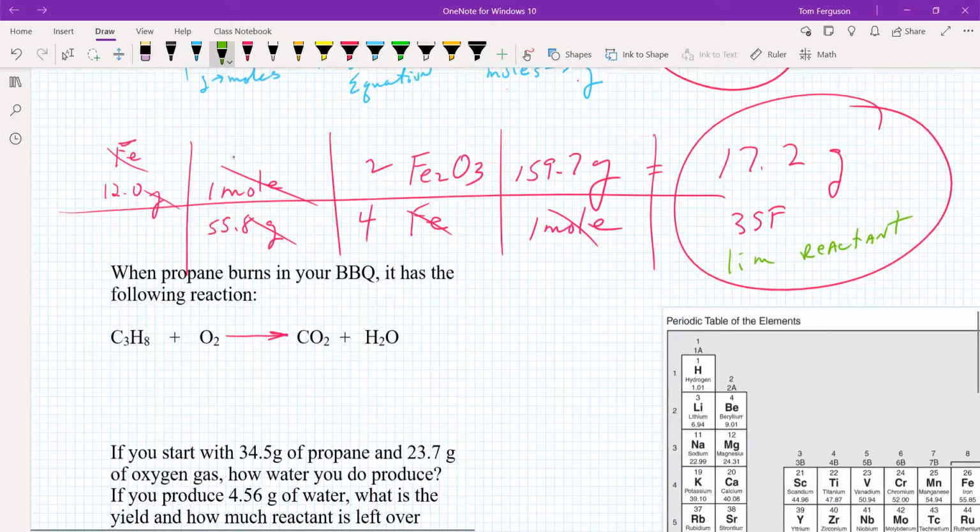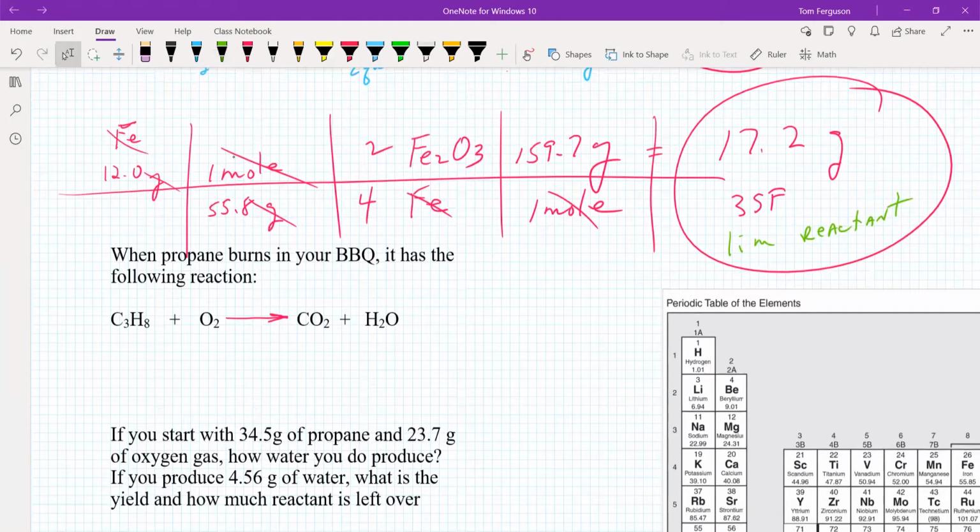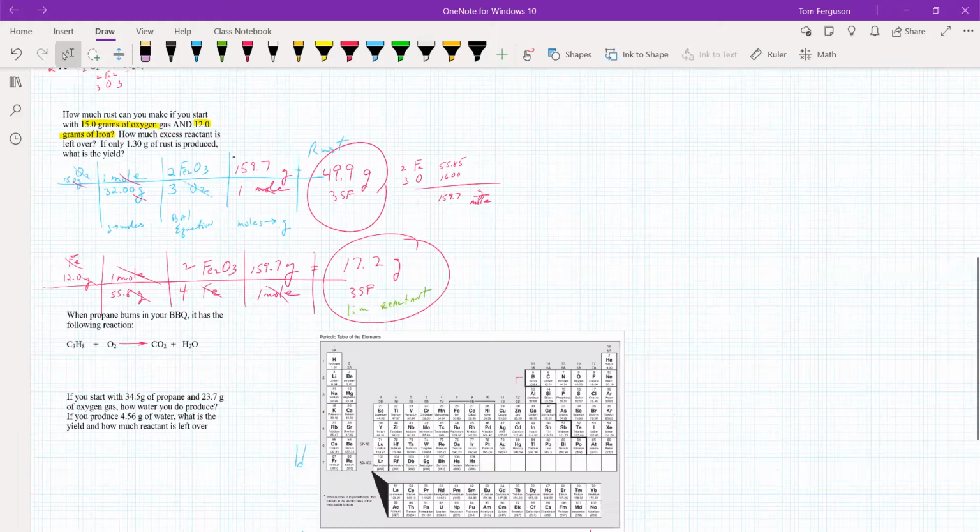So what we're going to do is we need more room, so I need to do a little cut and pasting here.